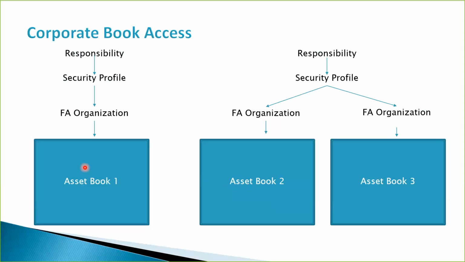So maybe this responsibility can be assigned to high-level users or super users, a person who you want to see this information across multiple corporate books. But basically, this is how you grant access to your corporate books. You create FA organizations, which are then assigned to a security profile, which is then assigned to a responsibility, okay?